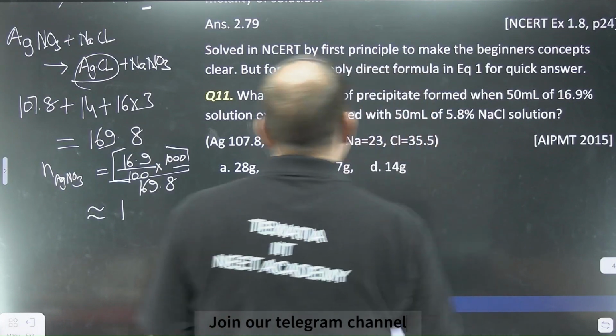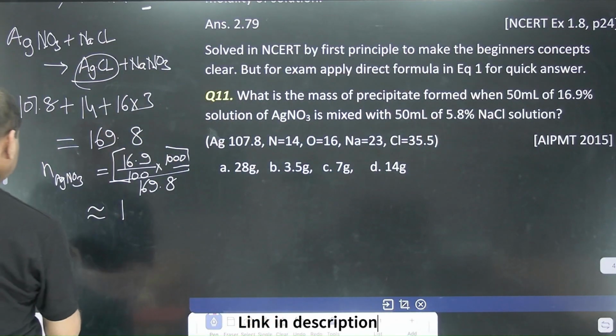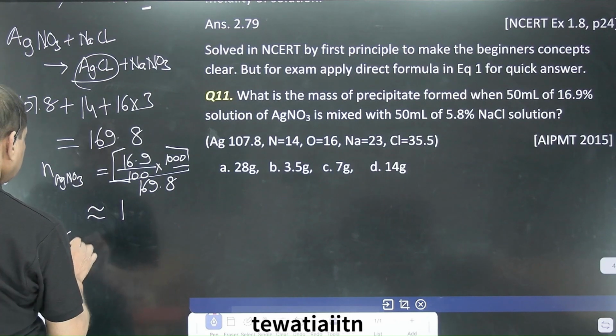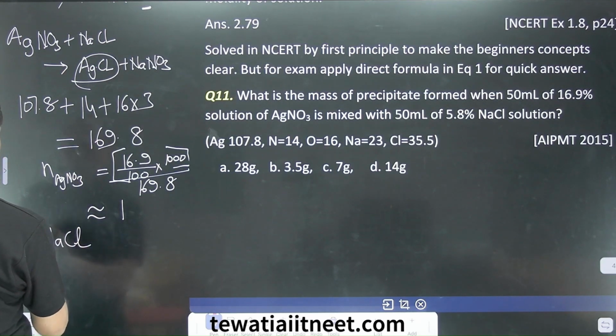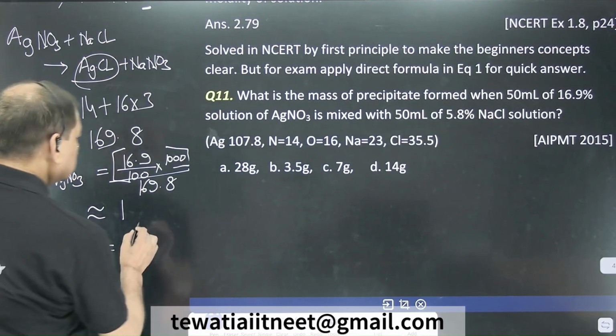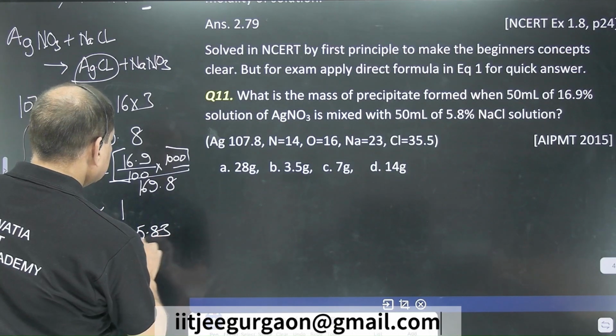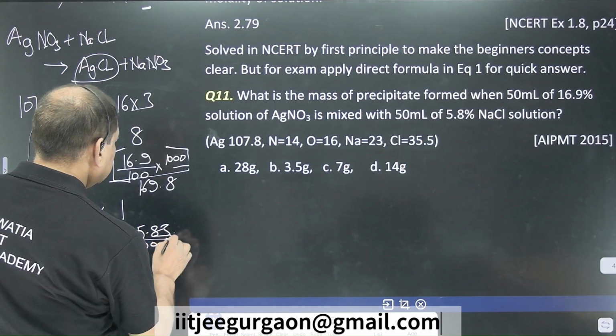So similarly calculate for sodium chloride. 5.83 divide by 100 into 1000.